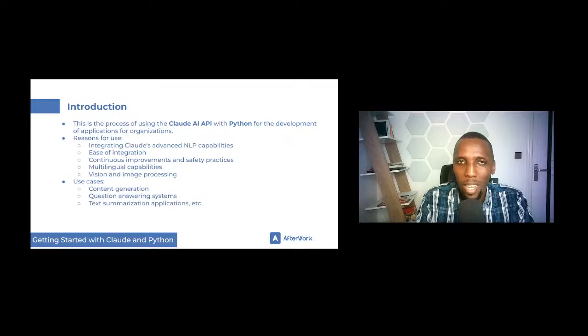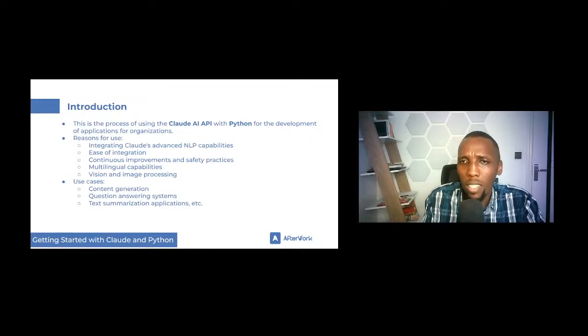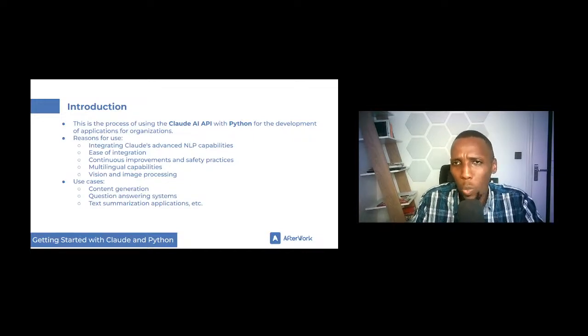There are many conversations around how Cloud AI, or Anthropic, releases its models while taking safety practices into account. And there's this thing called constitutional AI, which you might want to look into and understand, as it is their guide when it comes to releasing these models.